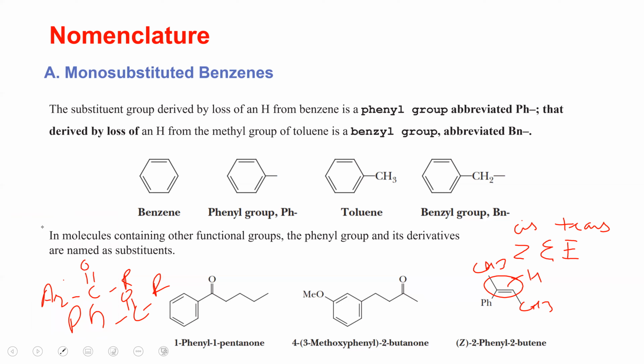So if you compare these, from this side the phenyl is the heaviest and the methyl is the smaller one. And if we compare this side, hydrogen is the smaller one and the methyl is the heavy one.